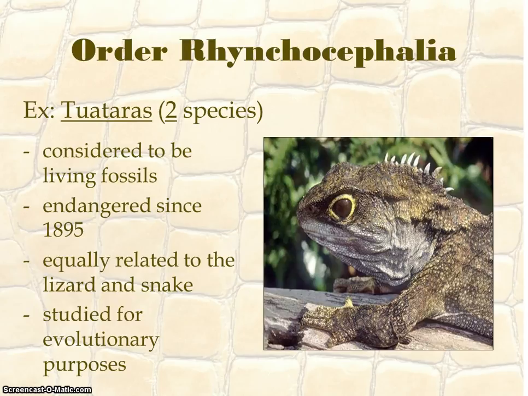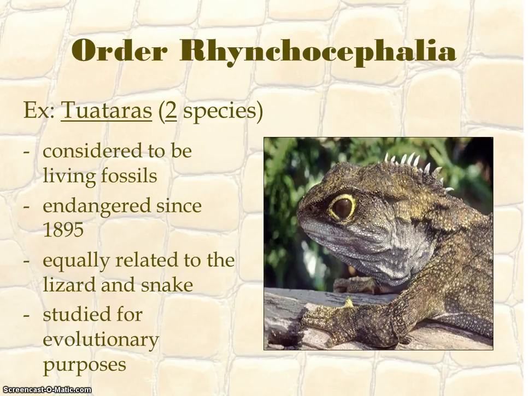Another order of your reptiles. This is probably the oldest living order of your reptiles. These are the Tuataras. There's only two species that have been identified. They're considered living fossils because they are the closest evolutionary link we have with dinosaurs.